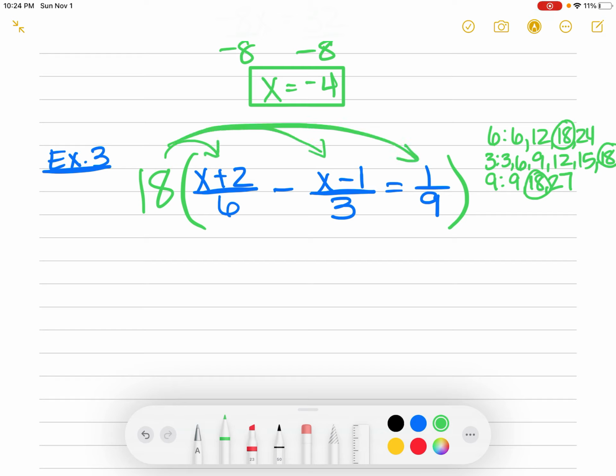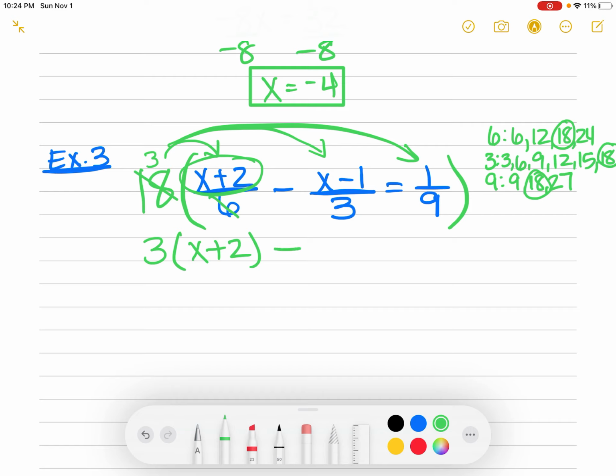Okay, so when I do 18 times x plus 2 over 6, the 6 and the 18 will reduce and make a 3. So that means I have 3 times x plus 2. Make sure that you put that x plus 2 in parentheses because 3 has to be multiplied by all of it. Okay, and then we're going to move on to the next one.